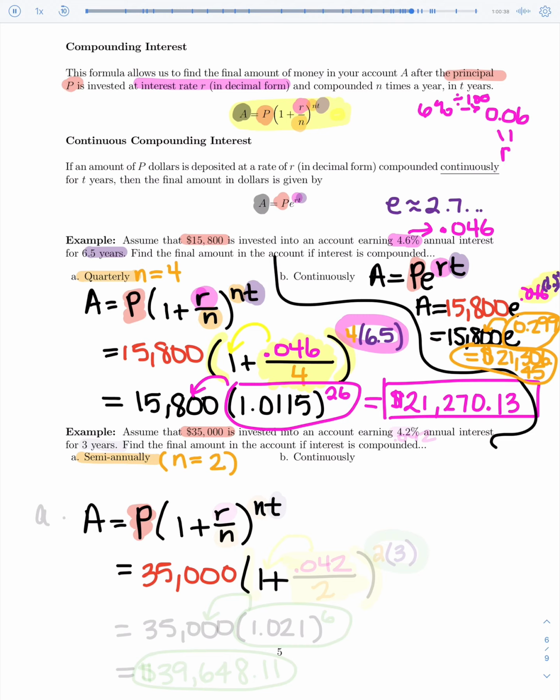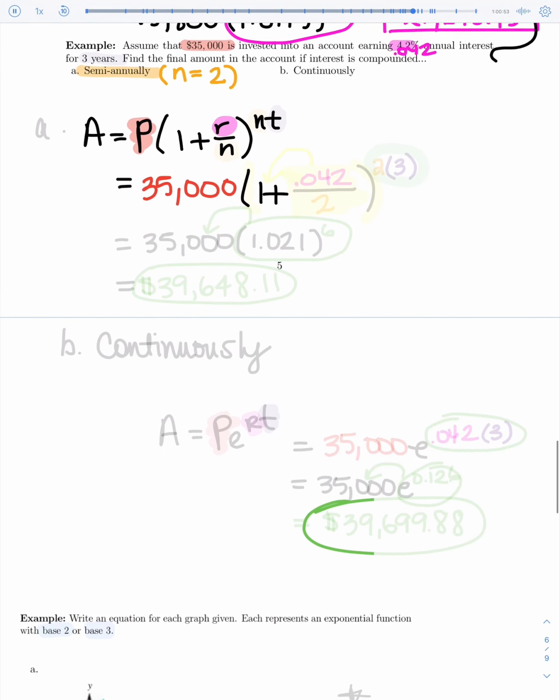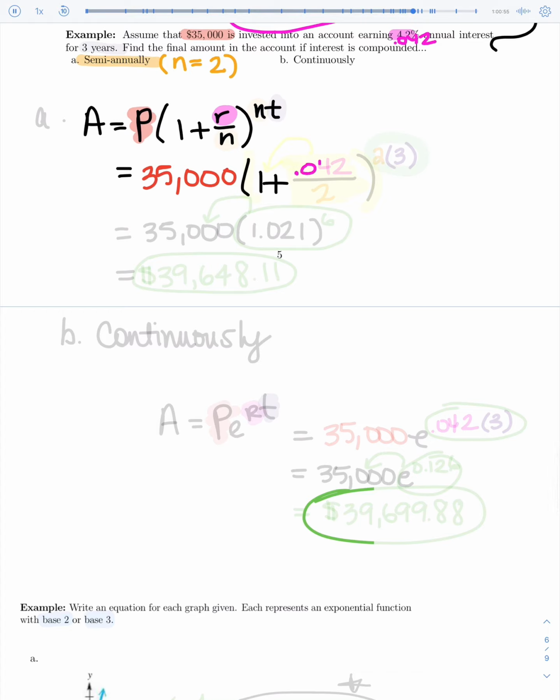And then what goes on top of your fraction first is the interest rate, which was 4.2%, but we have to plug it in as a decimal, meaning divide by 100 or move the decimal place 2 places, which turns into 0.042. So 0.042 divided by n, which is the number of times per year you're going to get your interest, which we just said was semi-annual, is 2, twice a year.